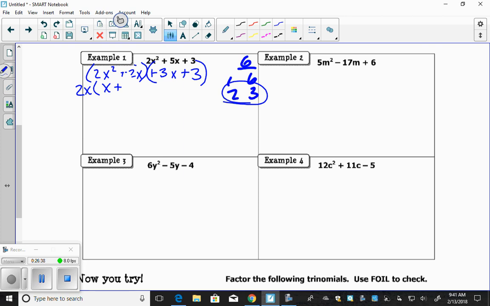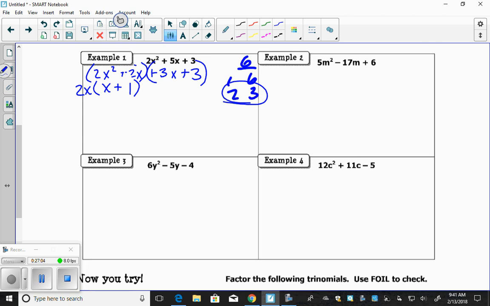Because what's 2x divided by 2x? What is 2x divided by 2x? 1. It is not an x. Get it through y'all's heads. Okay?